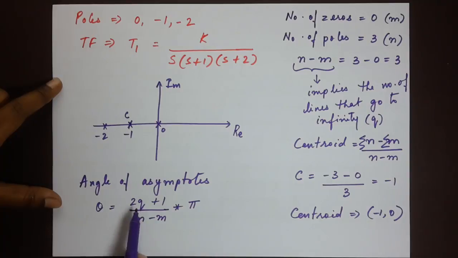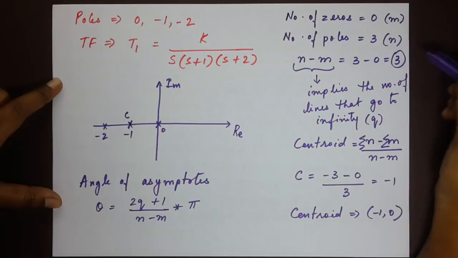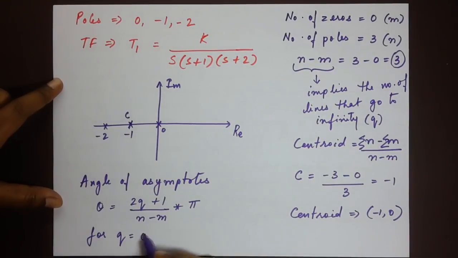Here, because we have 3 asymptotes, we take q as 0, 1 and 2. You will have to start from 0. When q equals 0, when q equals 1, when q equals 2, find out what the angles are. I'll leave that substitution and solving to you.